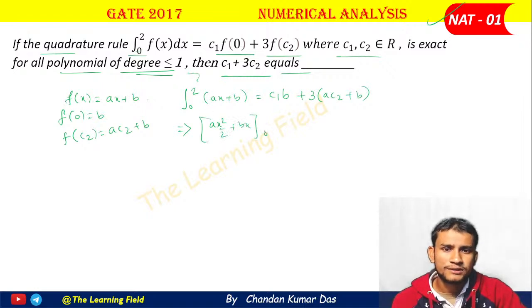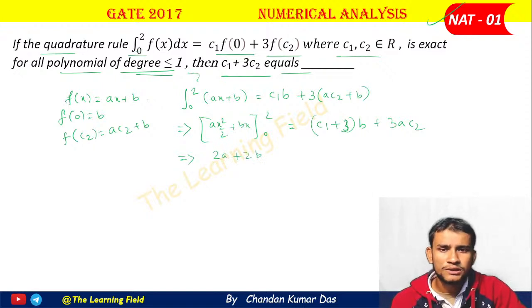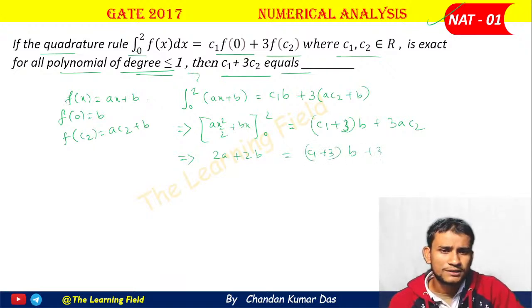Integration means ax square by 2 plus bx from 0 to 2, which is equal to (c1 plus 3) into b plus 3a c2.